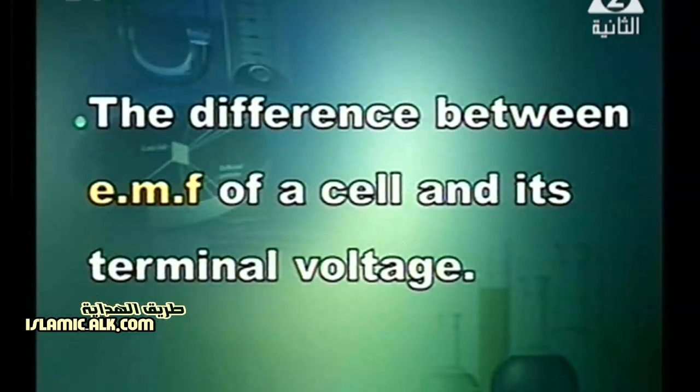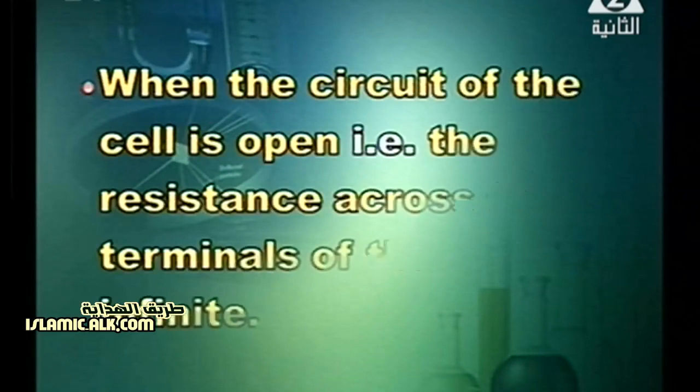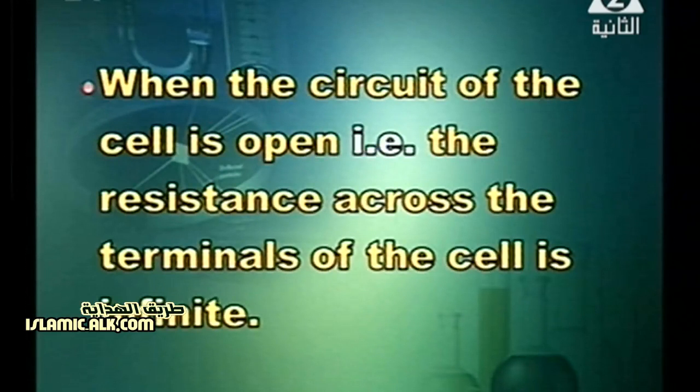When does the difference between the EMF of a cell and its terminal voltage equal 0? This happens when the circuit of the cell is open, that is to say, the resistance across the terminals of the cell is infinite.